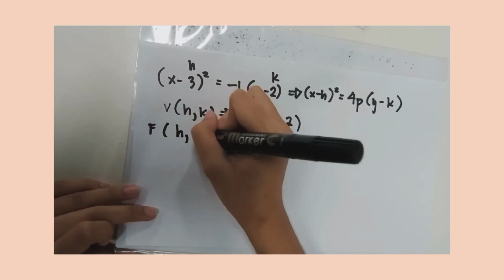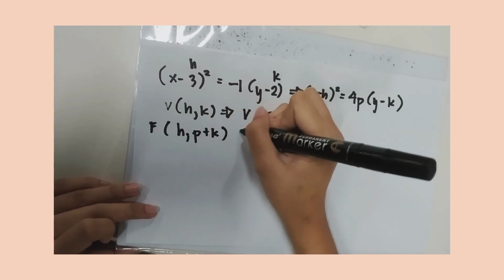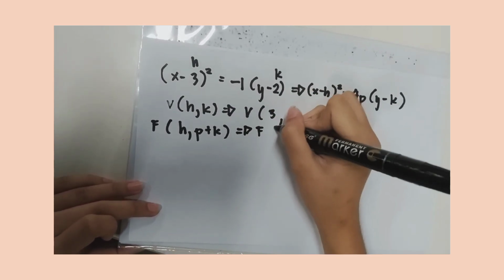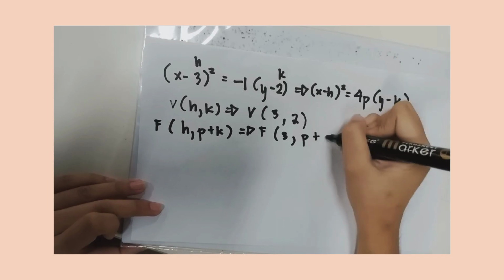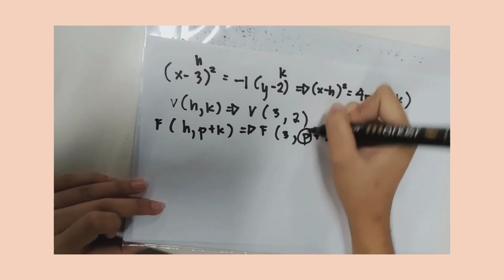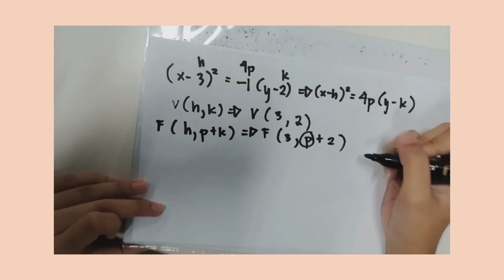Next is the focus at (h, p plus k). We have our h, which is 3, then p plus 2, which is our k. All we need to find now is the value of p, which in this case is negative 1/4.